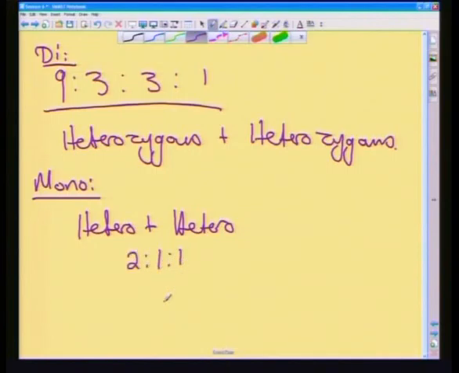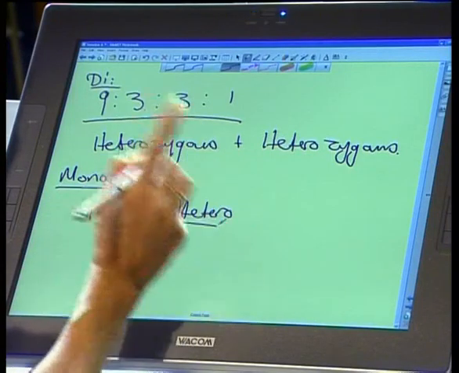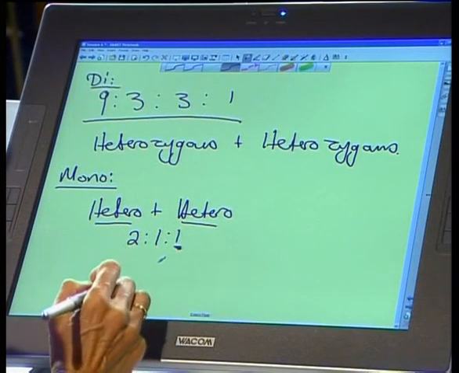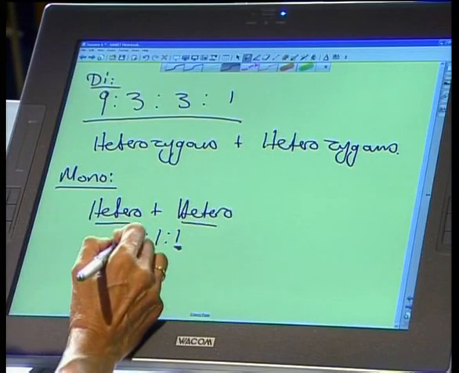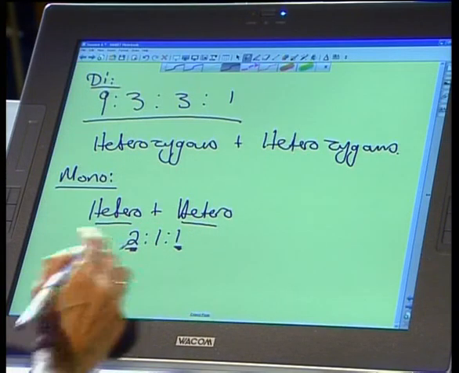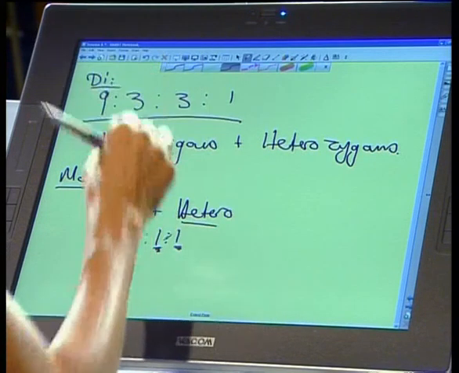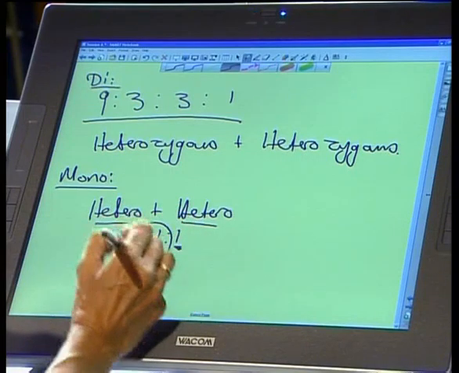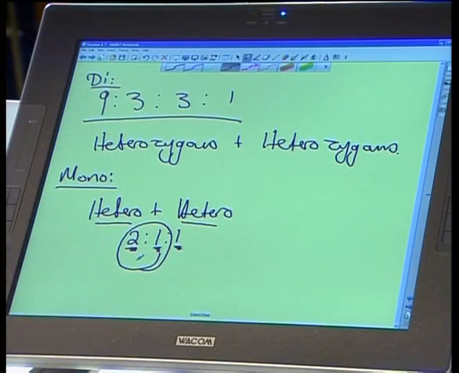So just bear this in mind. Your hetero will always be that, where 1 will be homozygous recessive, and at least 1 will be homozygous dominant, and these 2 will have your dominant characteristic.